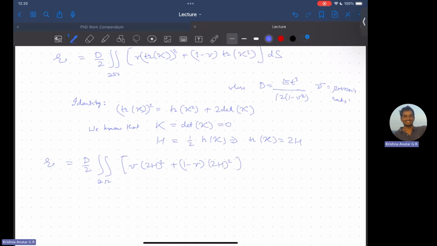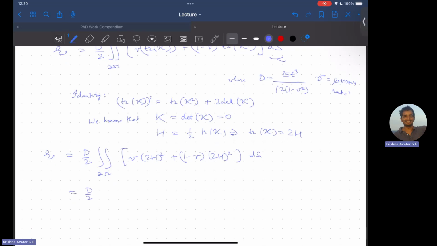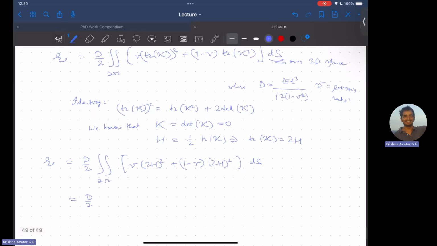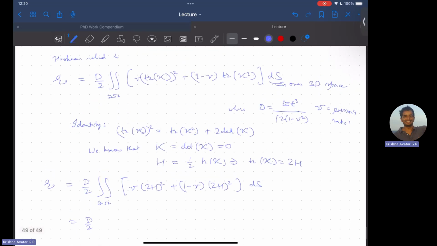Now let's still keep it as ds, okay? And this ds is integration over parametric space. As of now, it is over 3D space, and we are doing a surface integral. So this entire thing is a surface integral.